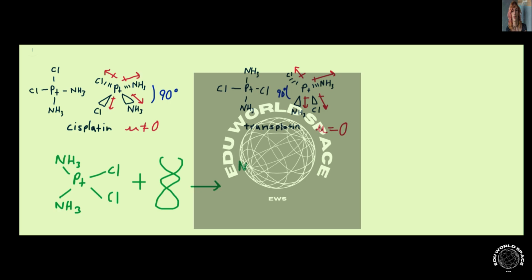So you have your NH3, and these bonds are going to stick to our DNA. We see that our NH3 stays at a 90-degree angle, and that's for cisplatin.